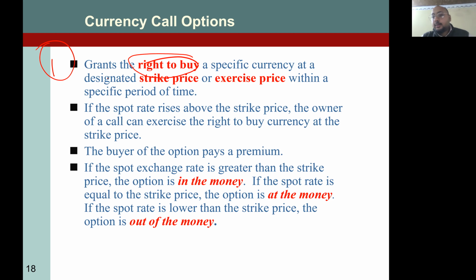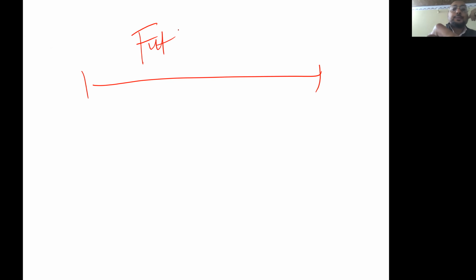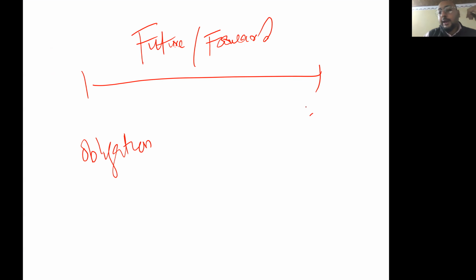Whereas in futures and forwards, both parties have obligations on both ends.